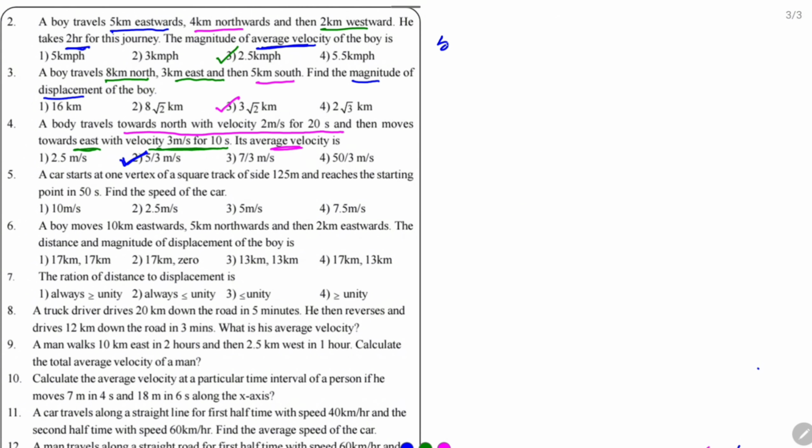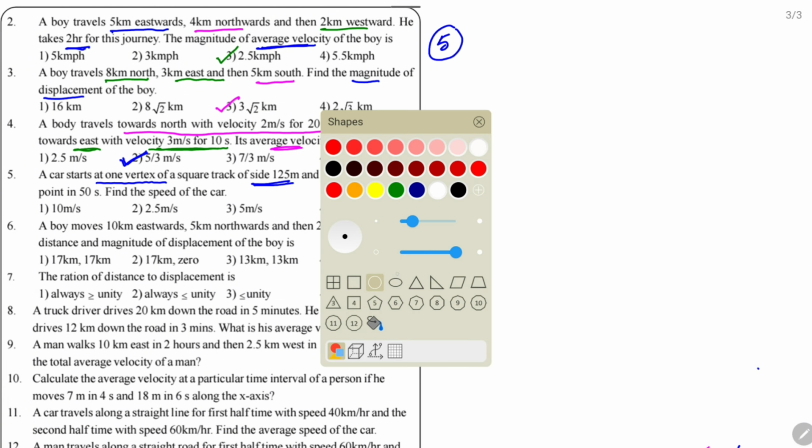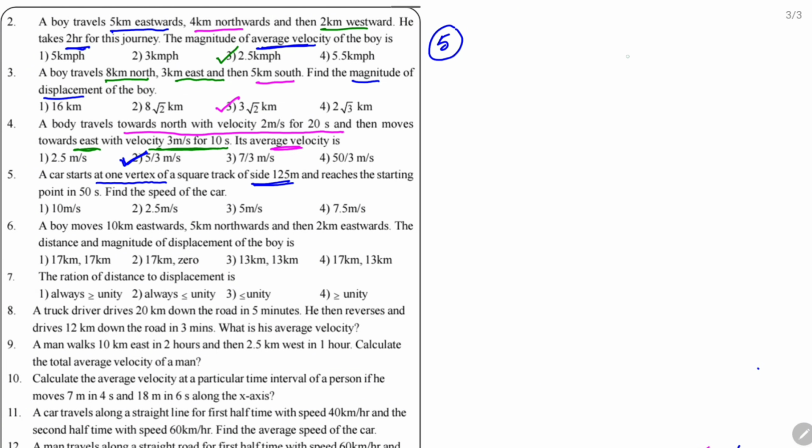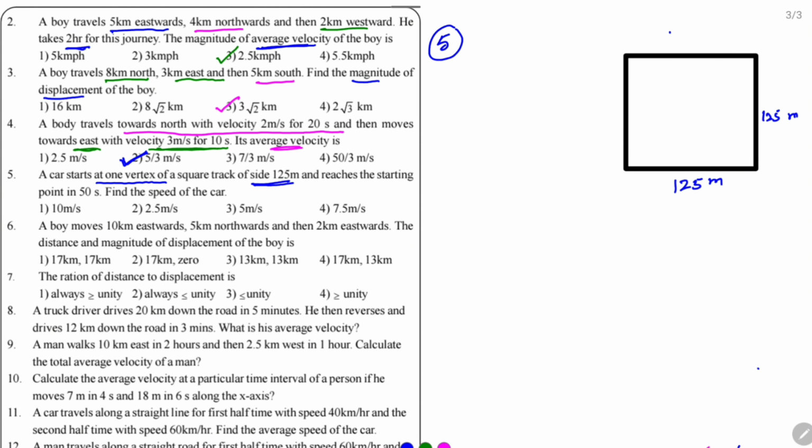Question number 5. A car starts at one vertex of a square track of side 125 meter. There is a square track whose side is 125 meter. So this is 125 meter, this also 125 meter, and this is 125, and the fourth one also 125 meter.